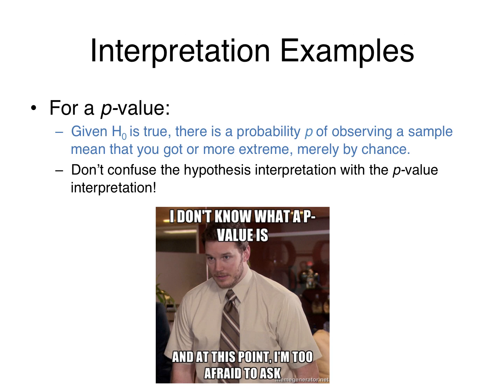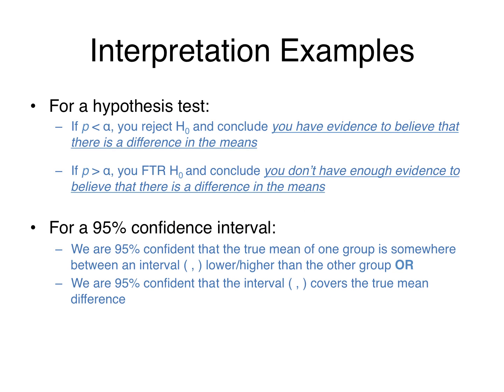And remember that this interpretation of a p-value is different than the conclusion you make based on your p-value for your hypothesis test. For a hypothesis test interpretation, if the p-value is less than your alpha, you reject the null hypothesis and conclude that you have evidence to believe that there is a difference in the means. If your p-value is greater than your alpha, you fail to reject the null hypothesis and conclude that you don't have enough evidence to believe that there is a difference in the means.